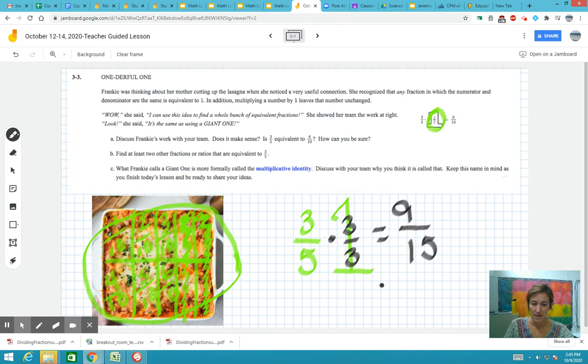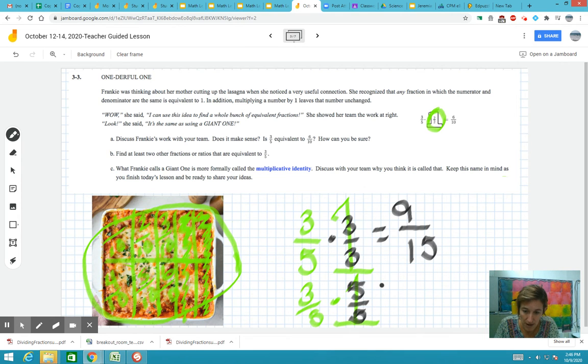Now let's do another one. Okay, so we have 3/5 times, let's see, I'm going to use my giant 1 again. I'm going to go with 5/5. If I had 1 whole candy bar, and I split it into 5 parts, and I gave all 5 parts to you, I would still be giving you 1 whole candy bar, right?